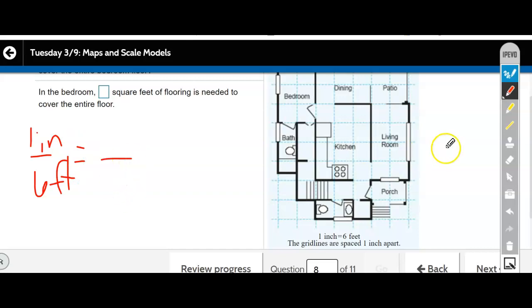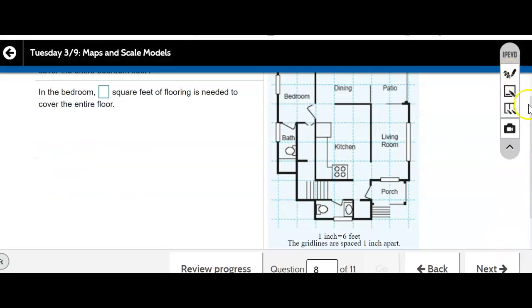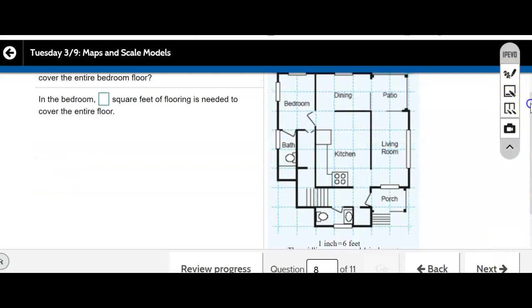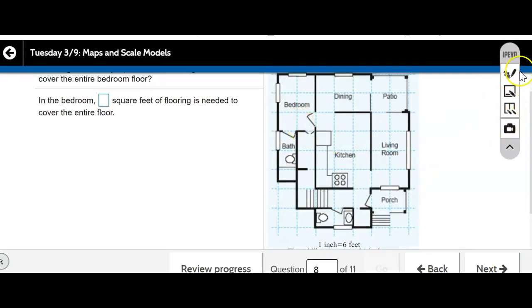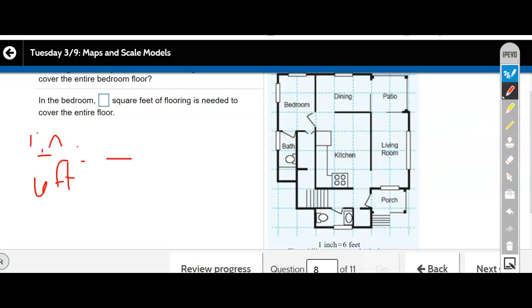So in order to calculate the area, what else do I need? I need to know what the length and the width are. So what is the length and the width of my drawing?